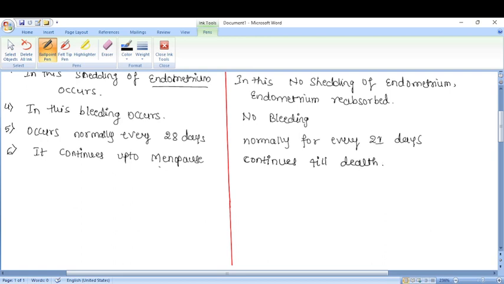Now, what is menopause? Menopause is the time when the menstrual cycle stops at a certain age. In female mammals, there is an end of the menstrual cycle. That stage is called menopause. Up to menopause only the menstrual cycle occurs, but the oestrus cycle occurs till death of that mammal.